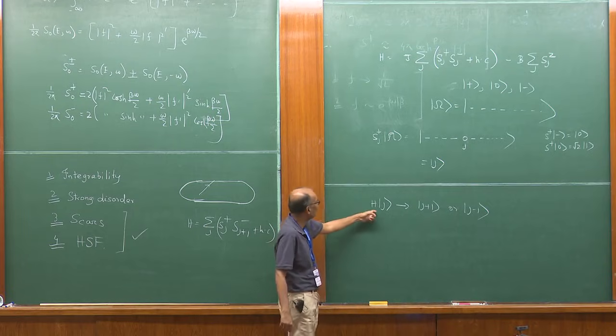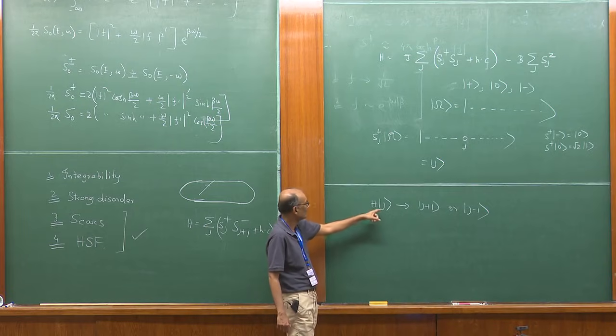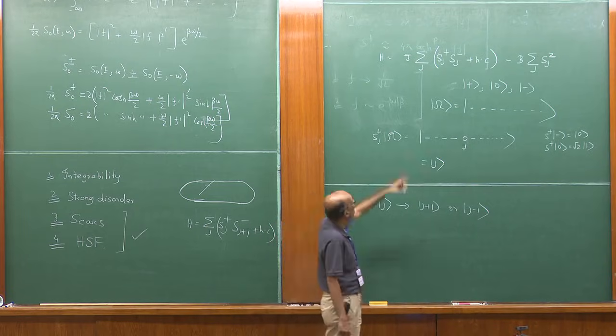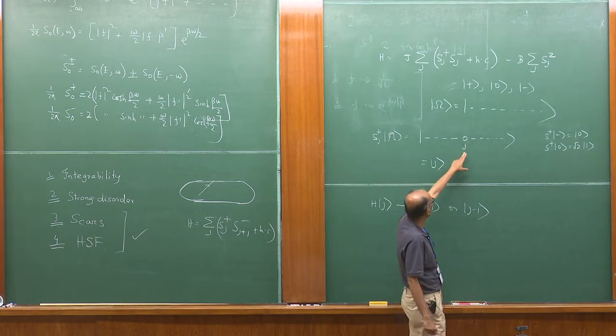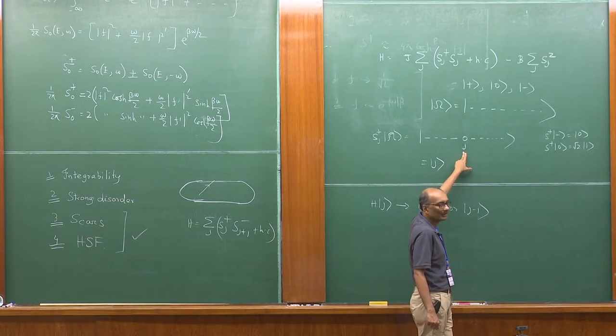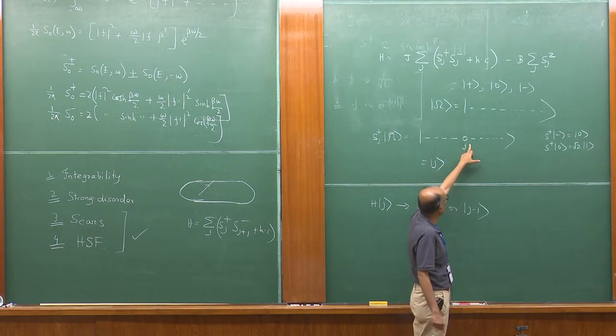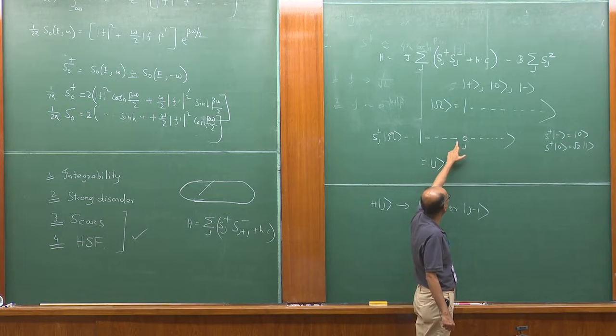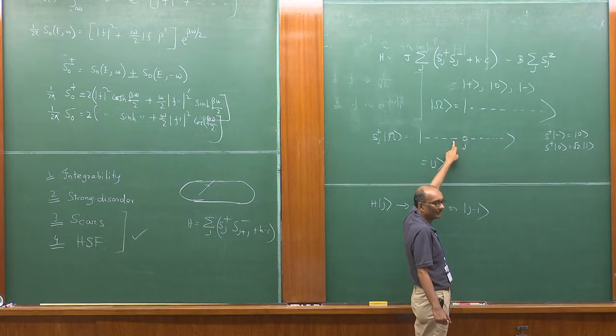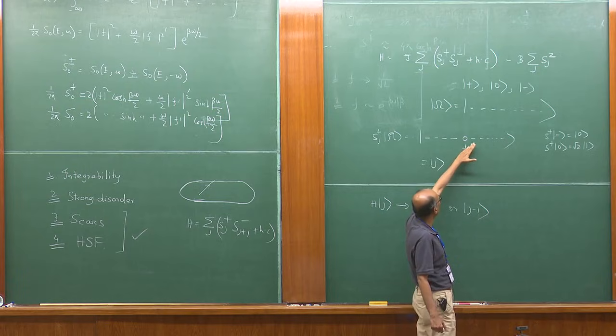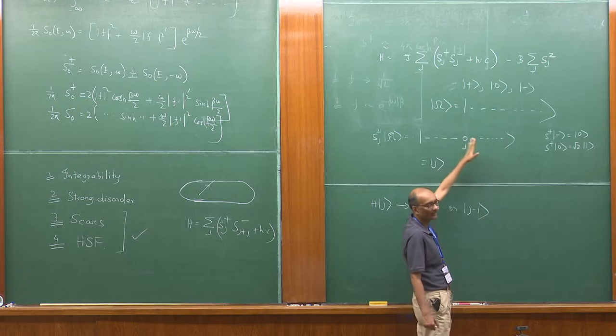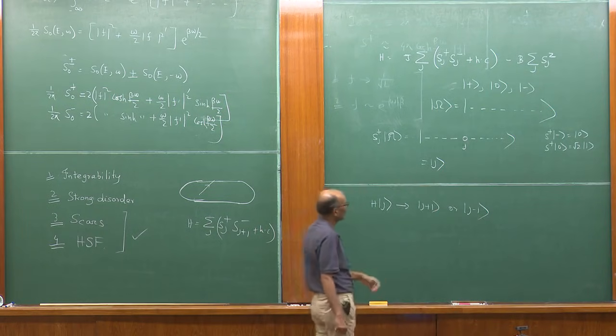Then if I act with this H on this j, I can have a state where S_j minus acts on the 0, and that will give me a minus, and the corresponding S plus will act on j minus 1 or j plus 1, whatever the term is, and that will give me a 0. So effectively this 0 has either hopped in this direction or hopped in that direction.